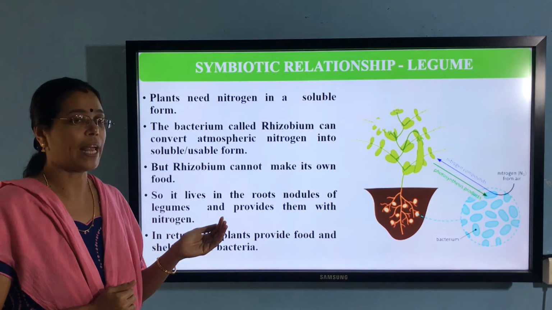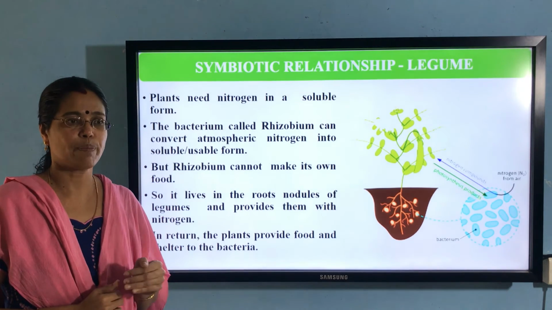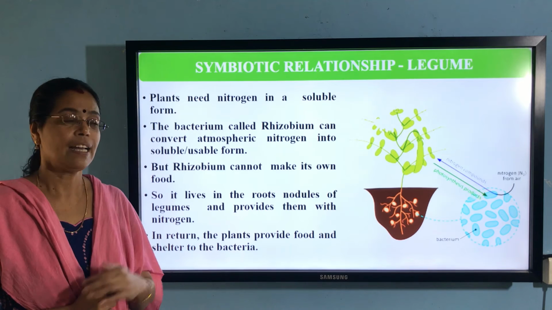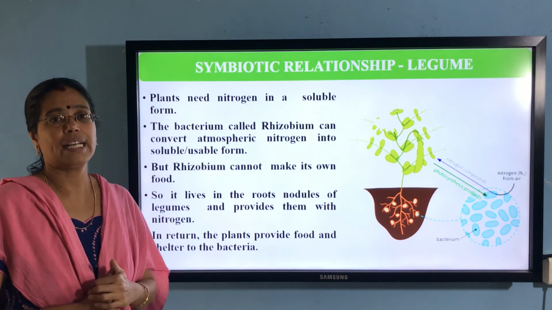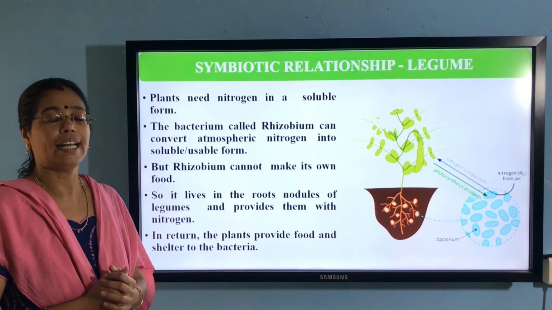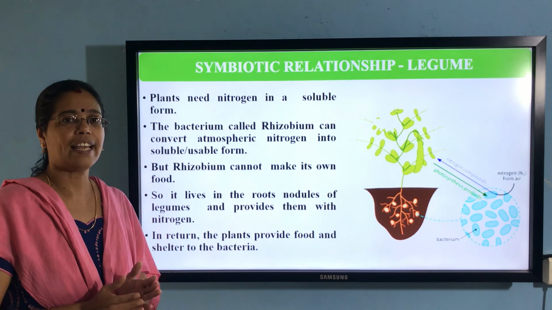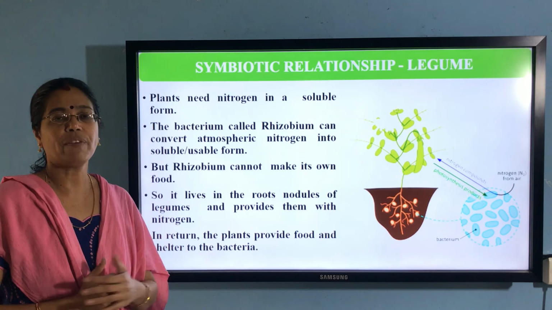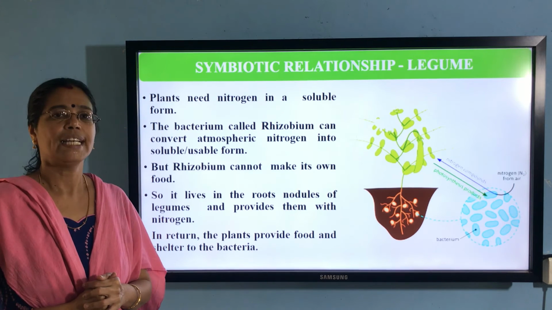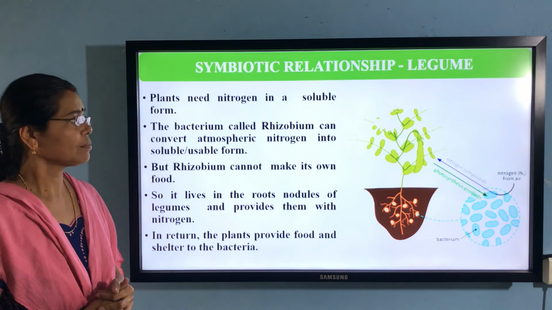So this leguminous plant uses the nitrogen fixed by the rhizobium bacteria and prepares the food. Here also these two organisms, that is rhizobium bacteria and the leguminous plant, share their nutrients and shelter and they live together. Such type of relationship is also called symbiotic relationship.